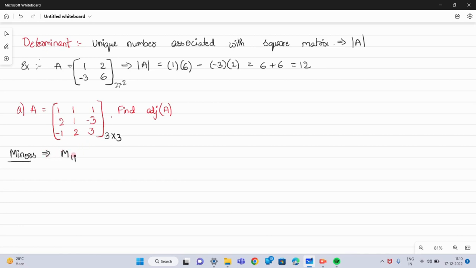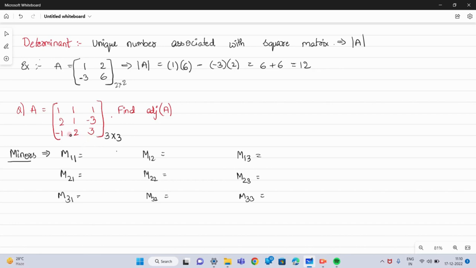So we have M11, M12, and M13, because it is a 3 cross 3 matrix. Then we have M21, M22, and M23. And we also have M31, M32, and M33.